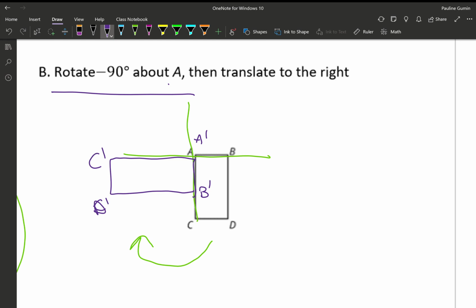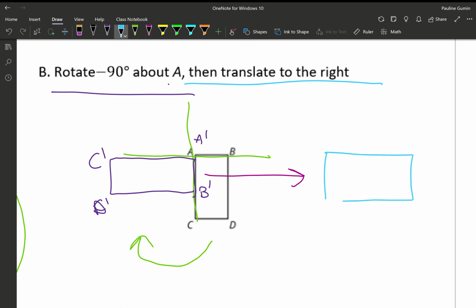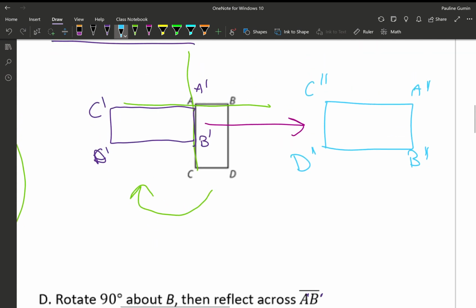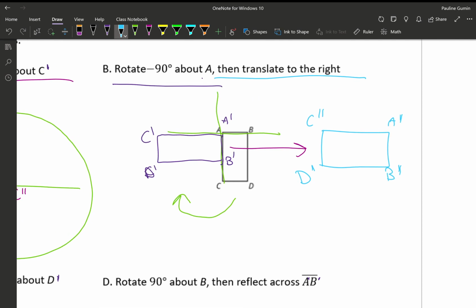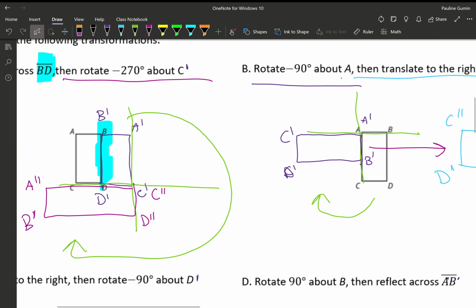Next, we're going to translate it to the right. It doesn't tell us how much to translate to the right, so let's do that as far as we want. Okay, so here's our new rectangle. Ta-da! Beautiful. So since it didn't say how much to the right, I moved it as far right as I felt like to make it less messy.